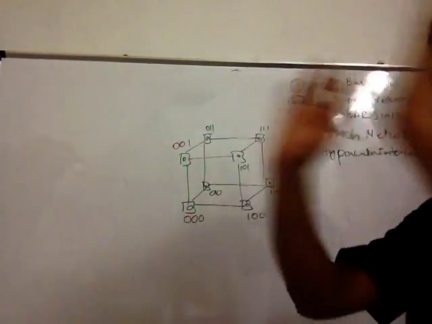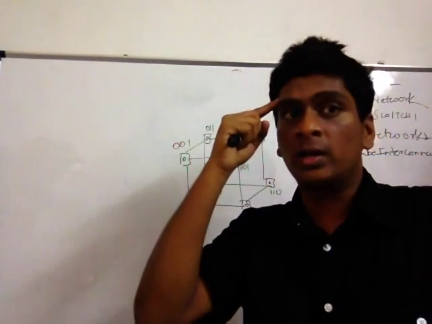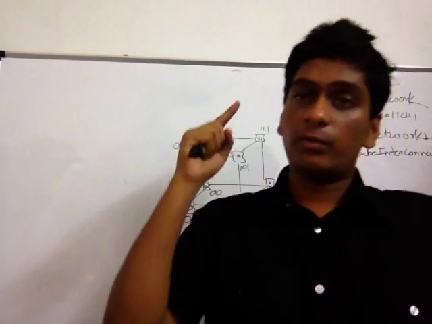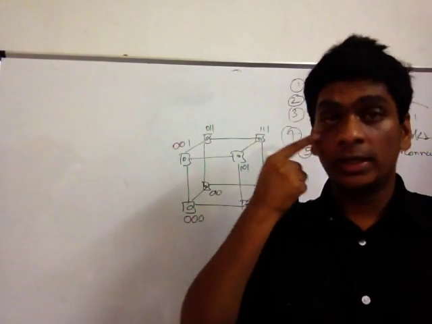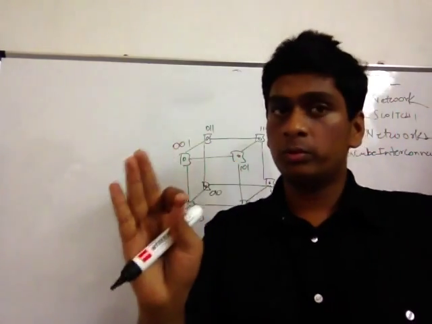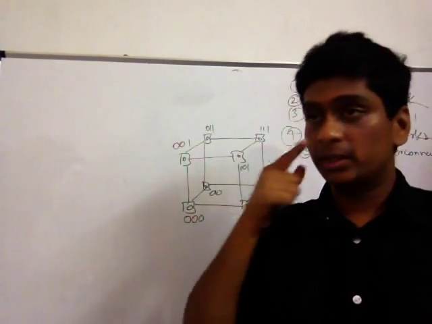So just a simple thing, this is applicable for powers of 2, that is point number 1. And whatever the power of 2 is, that is going to be the dimension of your interconnection cube. The dimension of the cube is given by the power of 2.